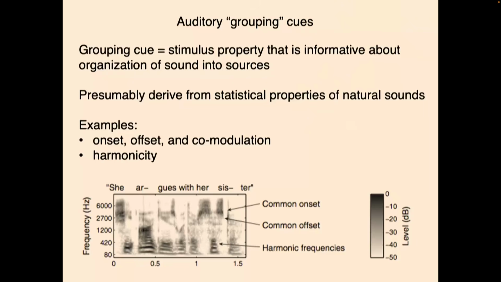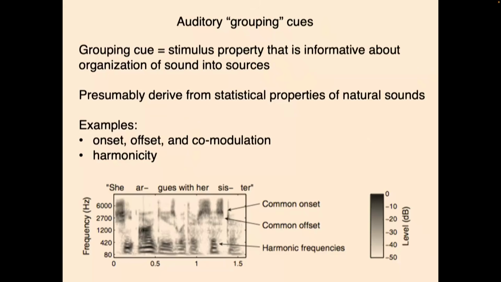This is often talked about in the language of grouping cues. We talked about cues when we were talking about sound localization. Remember, a cue is a stimulus property that's informative about something in the world. We talked about how there are binaural cues like interaural time differences and level differences, and spectral cues from your pinna that tell you about elevation.